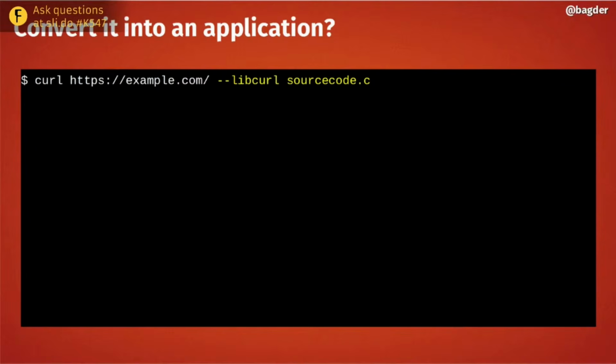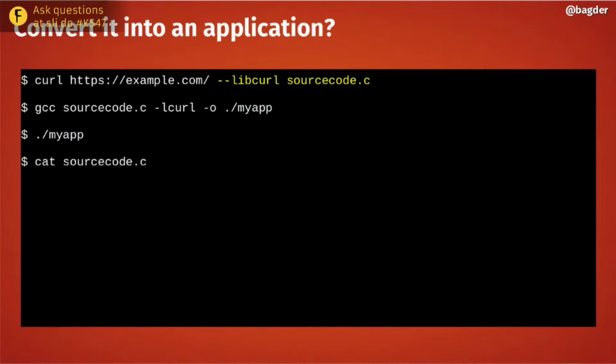So you use it like this. You write the curl command line, whatever curl command line you can think of, you add all the options, and then you add --libcurl and the source code .c. And curl will then generate that source code, and then you compile that source code and you run it, and that application will then perform the same operation as your command line did.